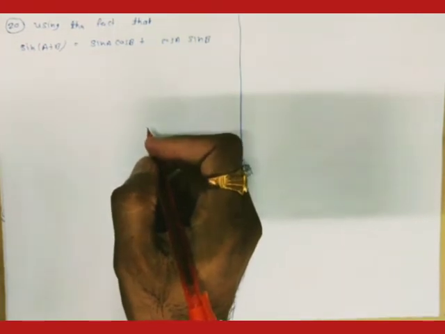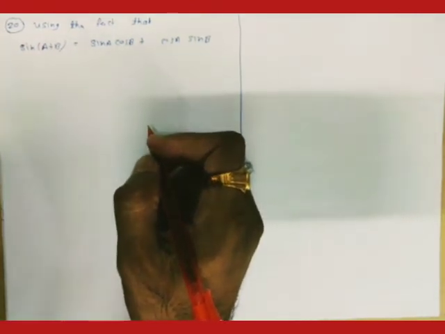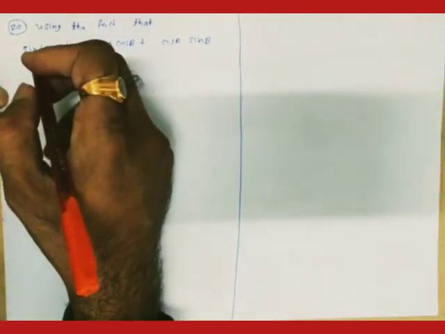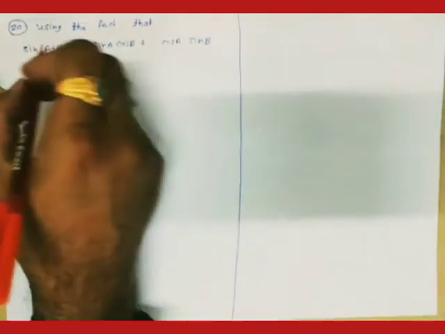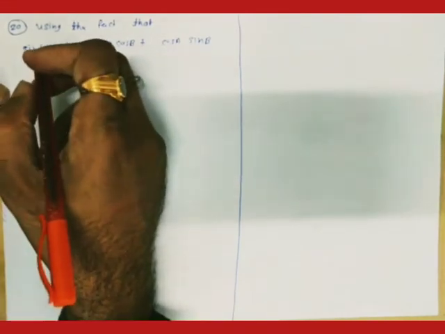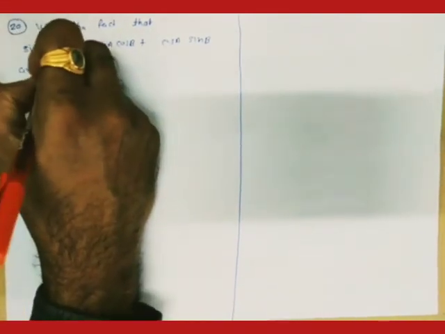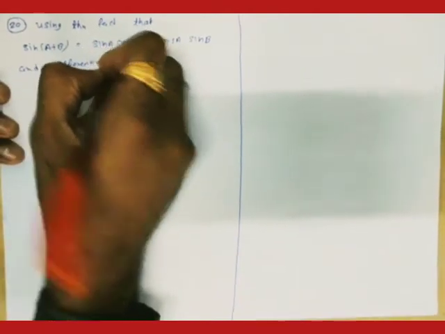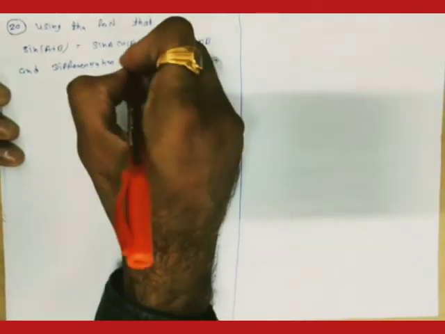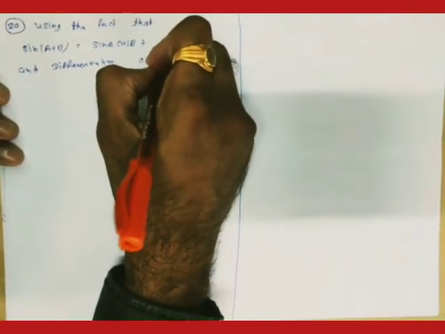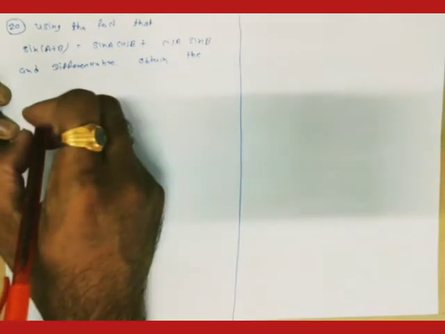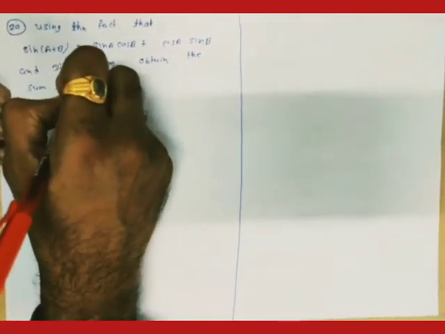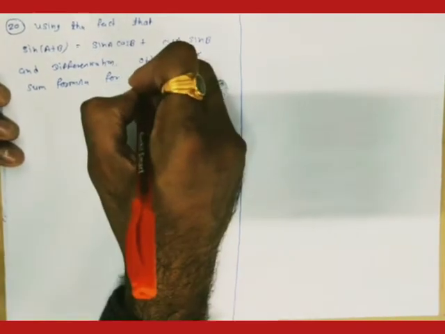This is our formula, this is our fact. You have to use this fact and differentiation to obtain the sum formula for the cosine.